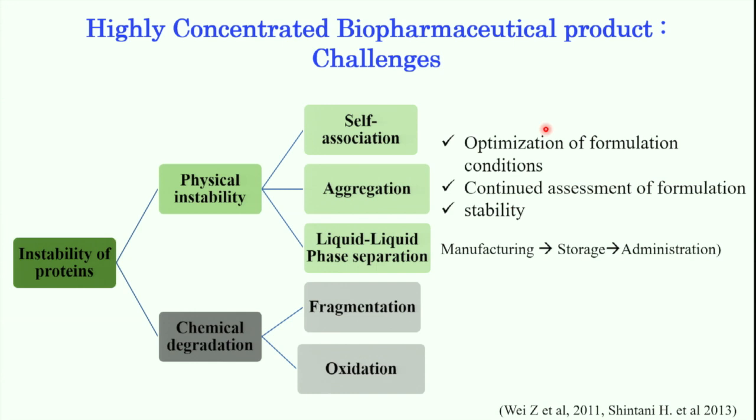You manufacture protein at high concentration. Fantastic, you did not find any aggregation, but during the storage or even administration, the aggregation or degradation can happen. Therefore, at every step of biopharmaceutical production, all the way from the designing experiment to formulating to filling the syringe to storing to transportation and administration, your structure should be preserved, right?